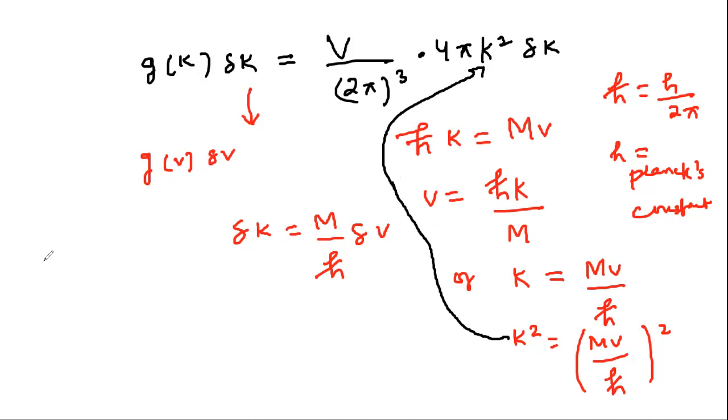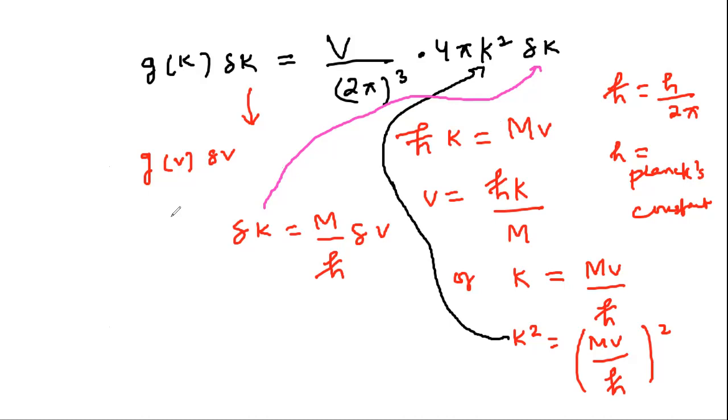You have to take this delta K and put it here. So you plug in K square, you plug in delta K, then delta K will come in terms of delta V and K square will come in terms of V square. The resulting expression which you get will be the expression for G of V delta V.